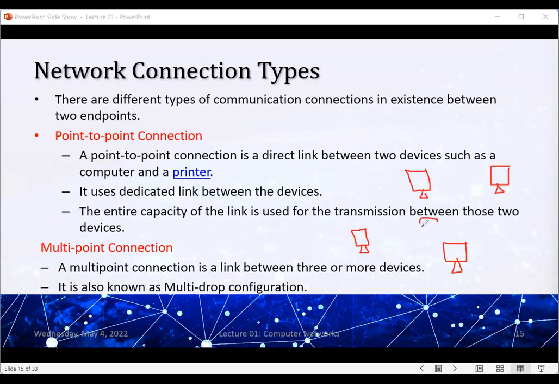Let's say this is a middle device. I think some of you may know I use the device as a switch. Some of you may know, other people may not know, but we'll learn it in future. Let's say I'm using a middle device and I connected several computers together.